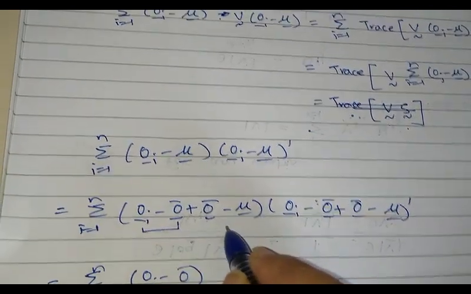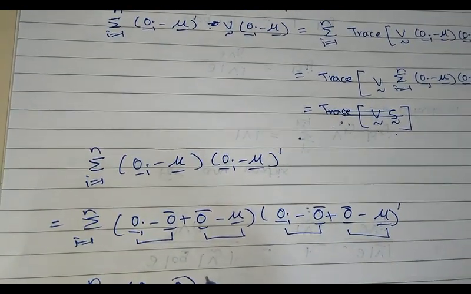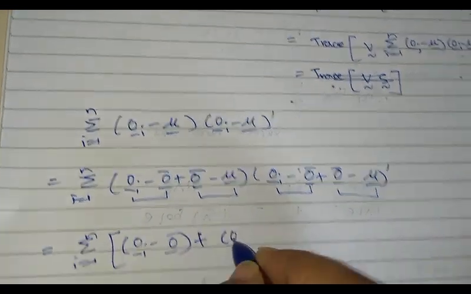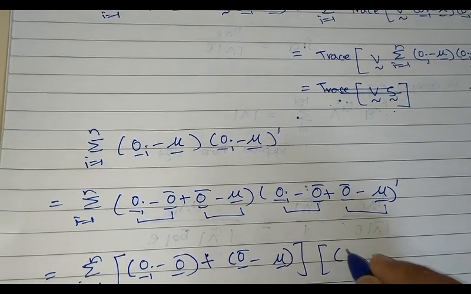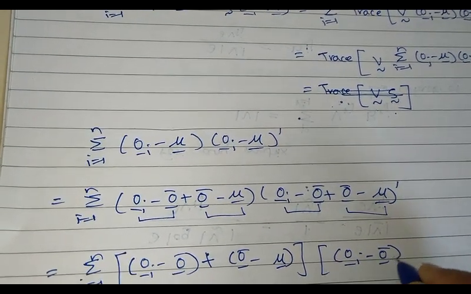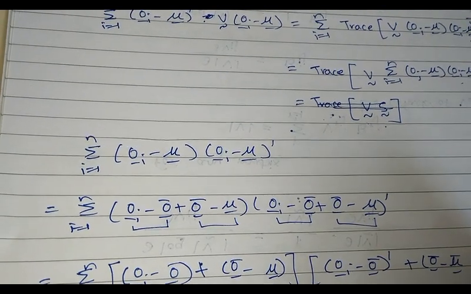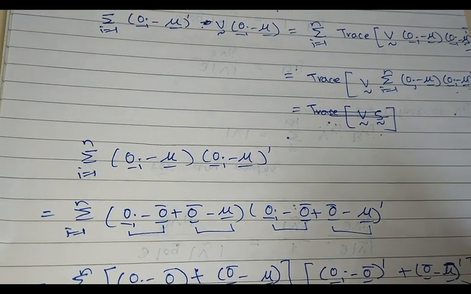I'll consider this as one term, second term, third term, fourth term. So I'll have y minus y bar plus y bar minus mu. If I take transpose inside, it will be y minus y bar prime plus y bar minus mu prime.